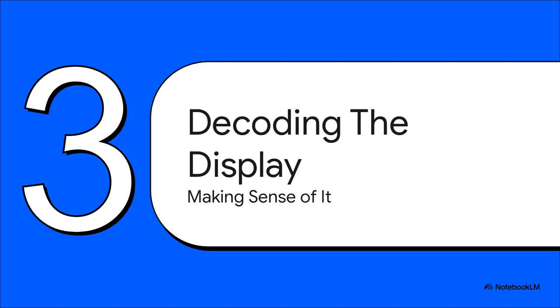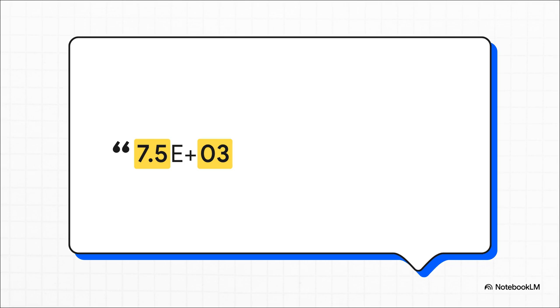Okay, so you should have an answer up on your screen right now, but it probably doesn't look like a normal number, does it? It's written in the calculator's own little shorthand. Let's decode exactly what it's telling us. Your screen most likely shows something that looks just like this, 7.5, then a big capital E, and then a 03. It looks a little weird, I know, but it's just the calculator's super compact way of giving you the right answer.